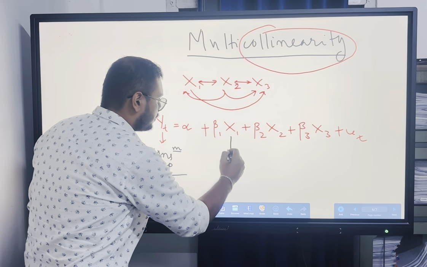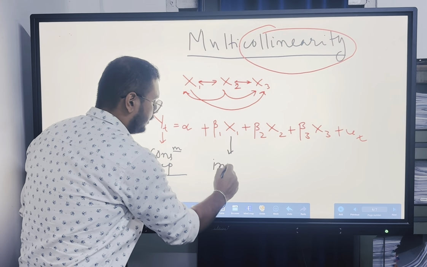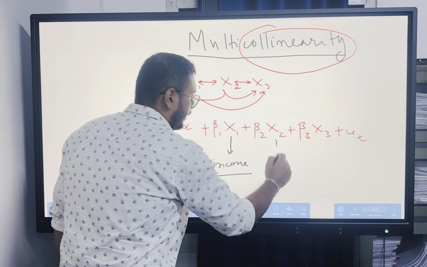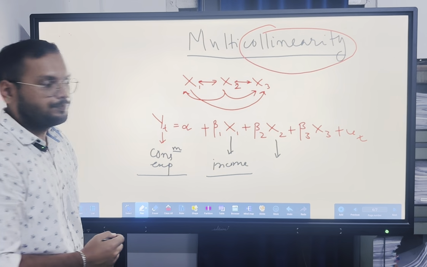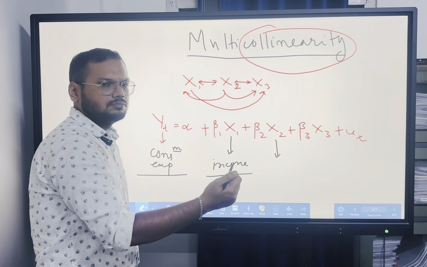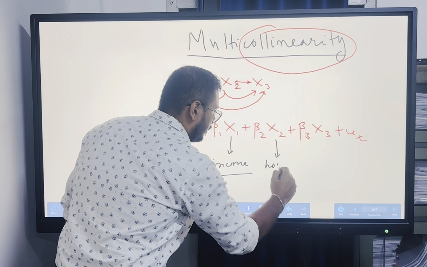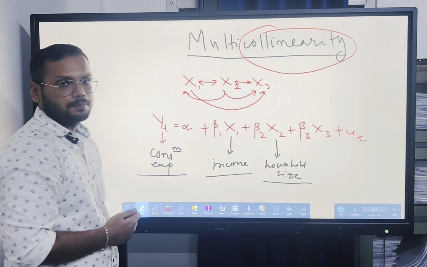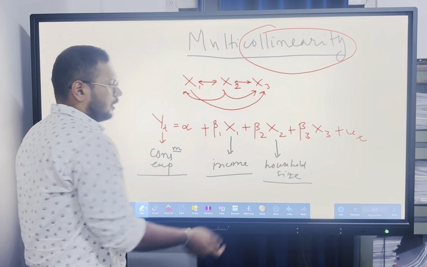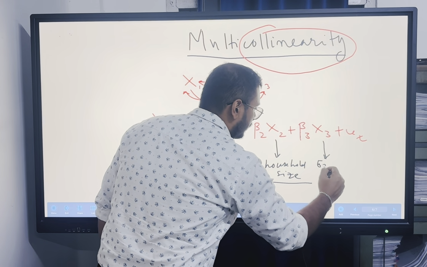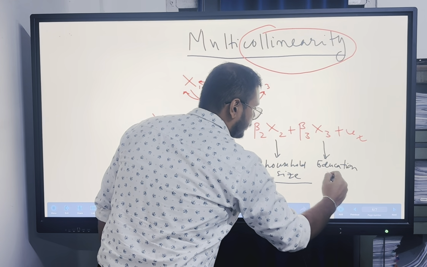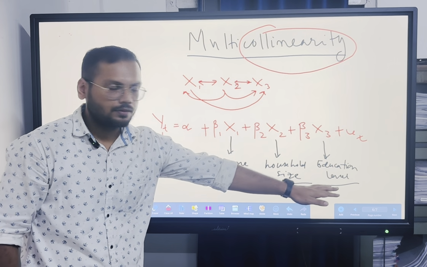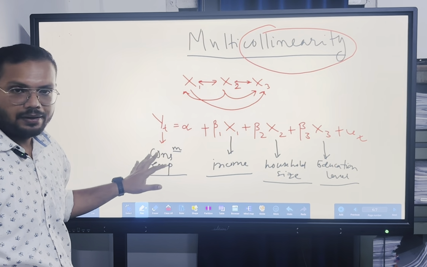Now let's assume that x1 is income of a person. Say x2 is, you can assume, the household size of a person. Okay, the household size. And x3, say you can say that this is the level of education of a person. So we have three variables, and this is the dependent variable.